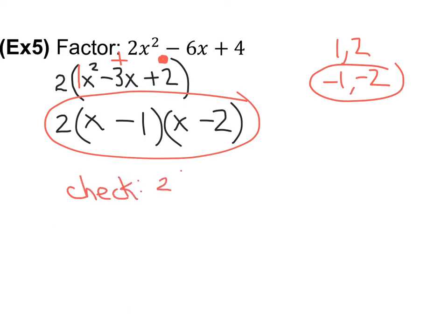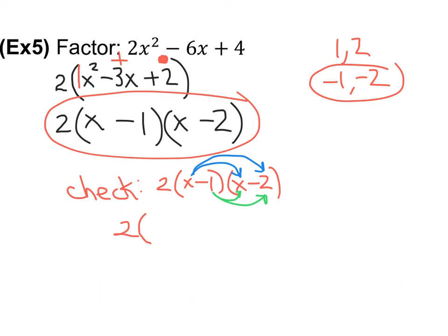So rewrite this expression, and then you can only multiply 2 items at a time. I recommend students do the distribution first with the pairs of parentheses, and then multiply by the 2. So we have 2 times the quantity x squared minus 2x, and then distributing the negative 1, minus 1x plus 2.